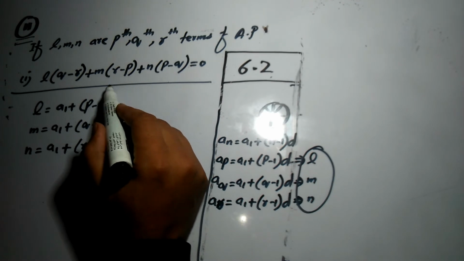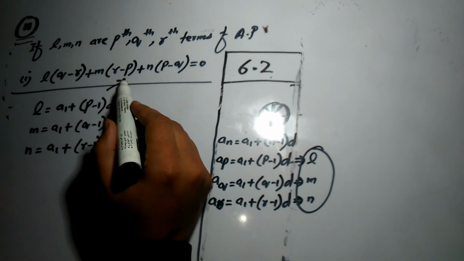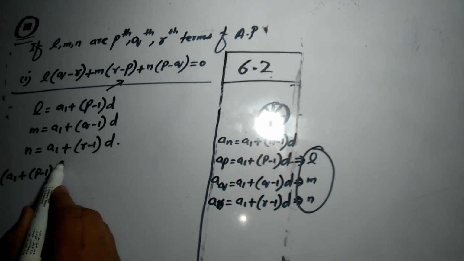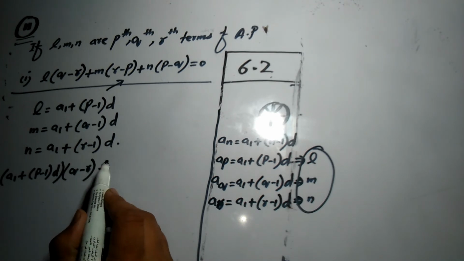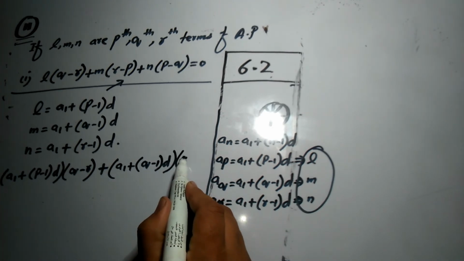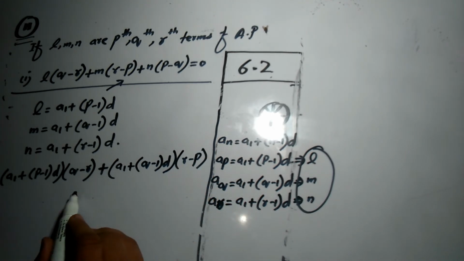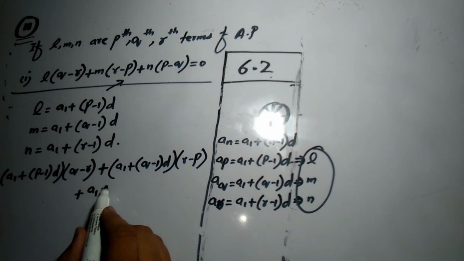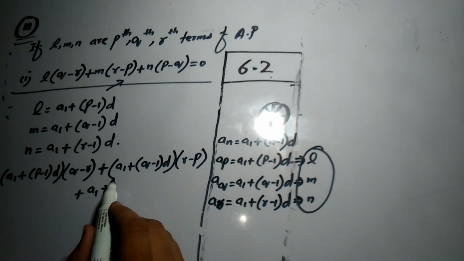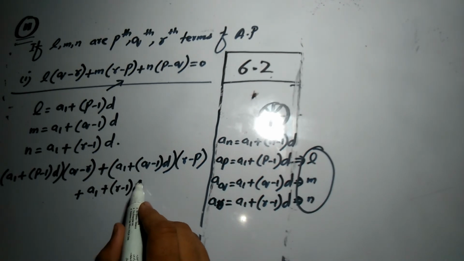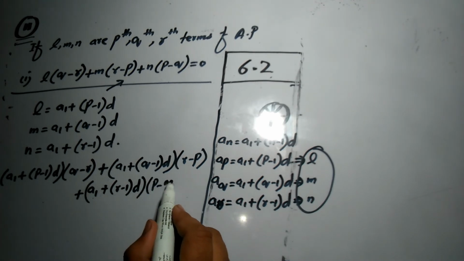After putting the values of L, M and N into this expression, it will be a1 plus p minus 1 d multiplied by q minus r, plus M is equal to a1 plus q minus 1 d into r minus p, plus N is equal to a1 plus r minus 1 d into p minus q, is equal to 0.